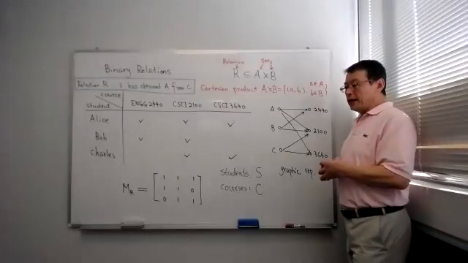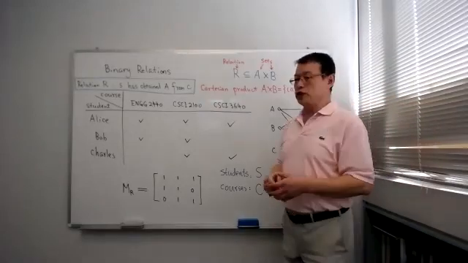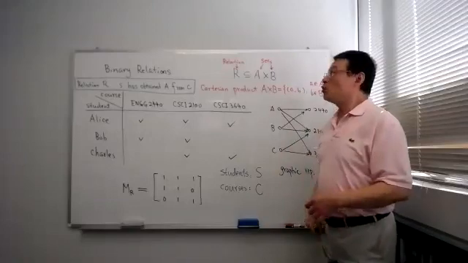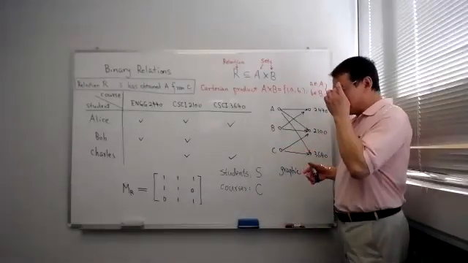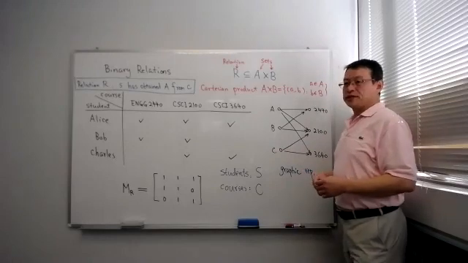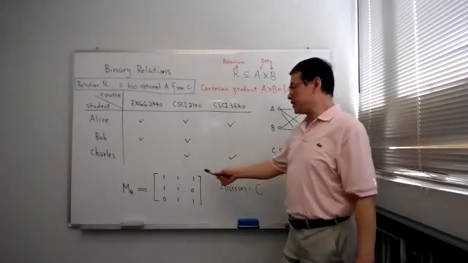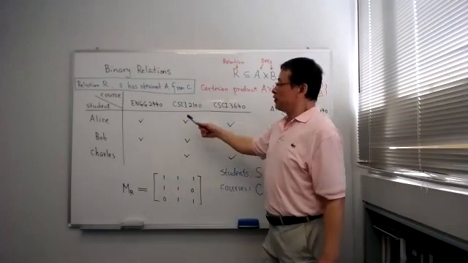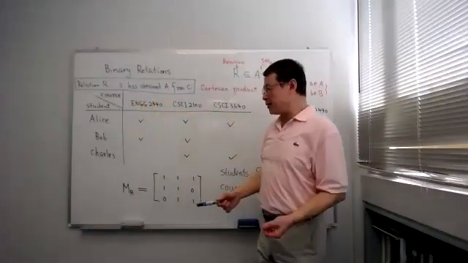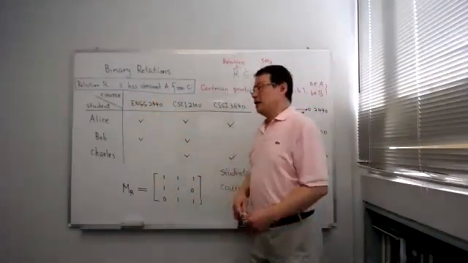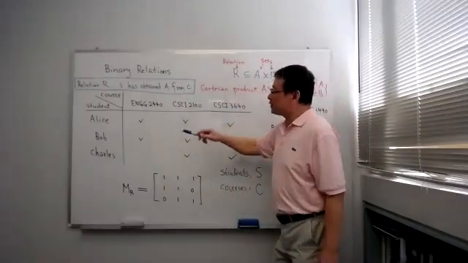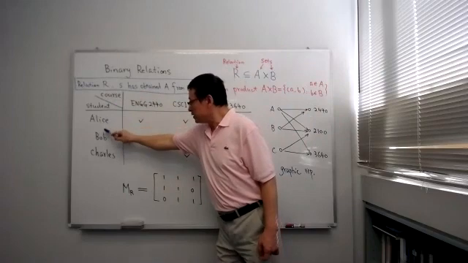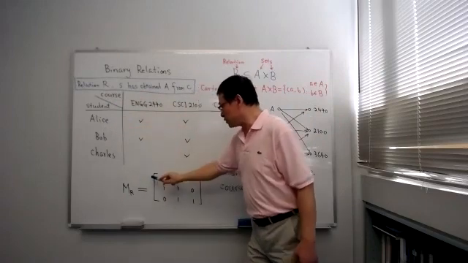And now for actual manipulation of relations, the more convenient method, maybe the best way, is to use a zero-one matrix to represent the relation. For this relation, we have an associated matrix, MR, where each row represents a member inside A. Here they are students, so corresponding to these three students, we have three rows.